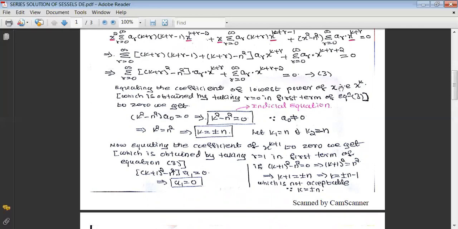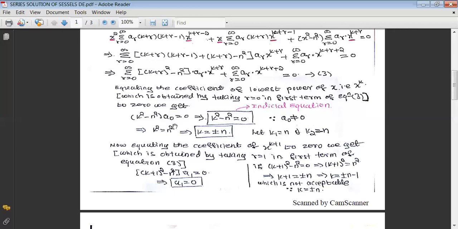Now equating the coefficient of the lowest power of x, that is x raised to k, which is obtained by taking r equal to 0 in the first term of equation 3. Only treat the coefficients and take r equal to 0. If you take r equal to 0 here, you will get k square, and this is minus n square.